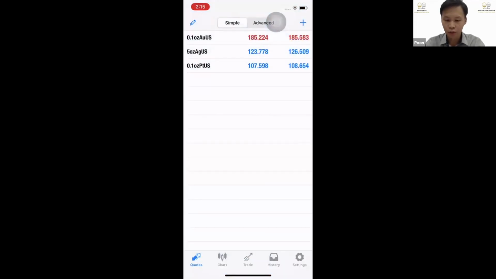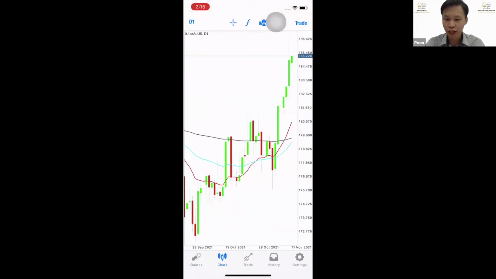Okay, previously you click on chart and you can see that we set up our EMAs in a previous session. So now we are going to set up our Bollinger Band. Same thing on the top middle part where you see the F, you click on that.